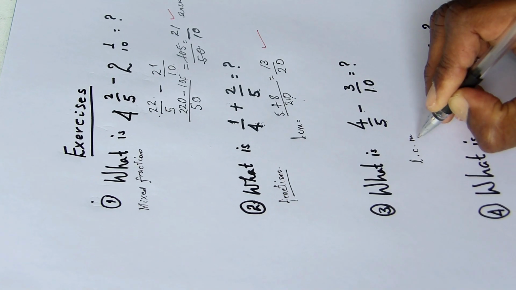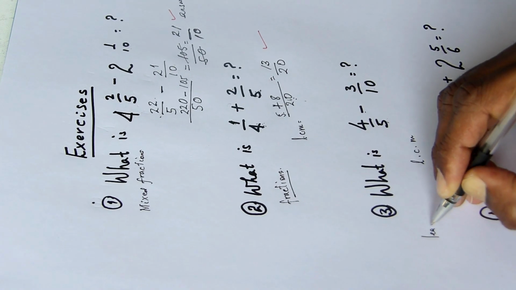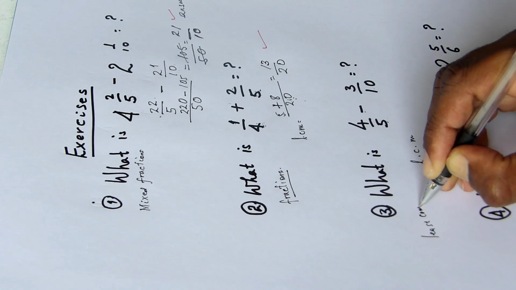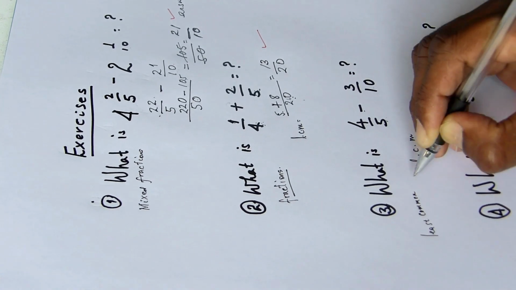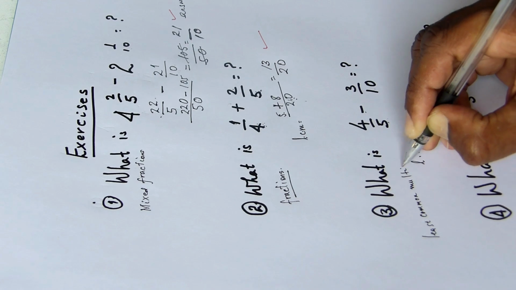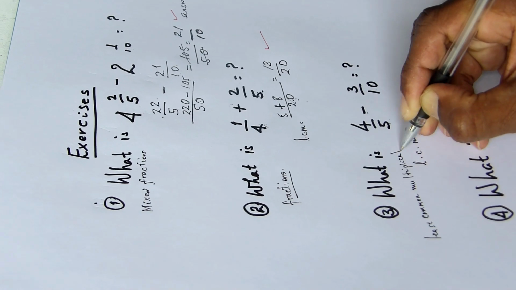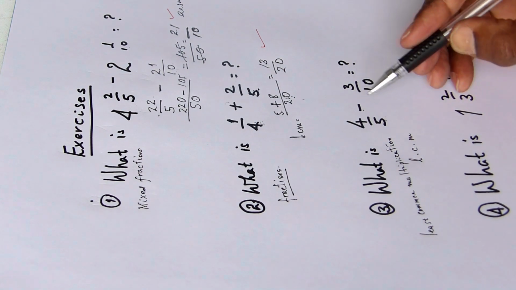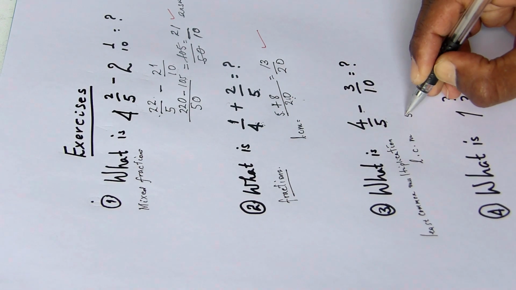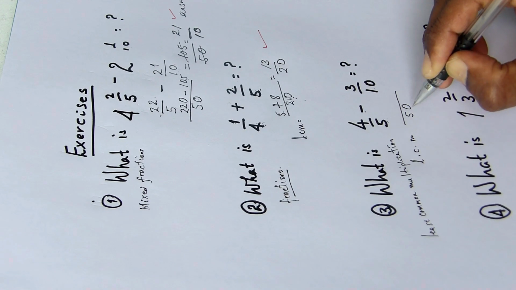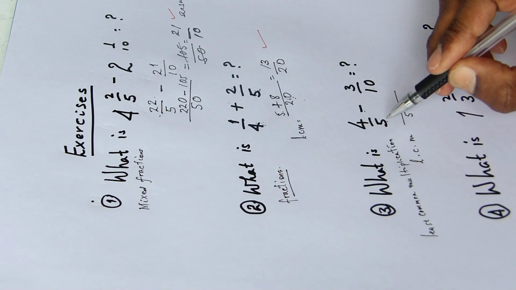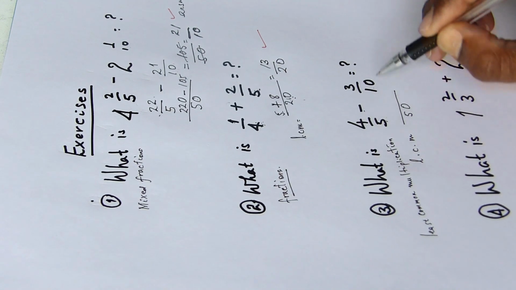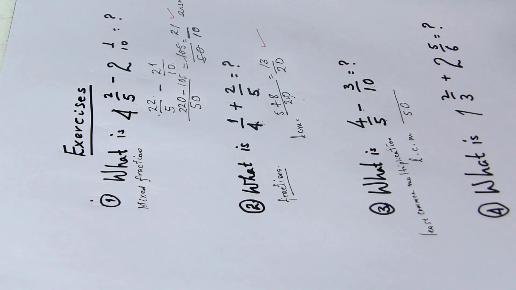What does LCM mean? Least common multiple. So 5 times 10 is 50, the only number that can divide both denominators, 5 and 10, without any remainder.